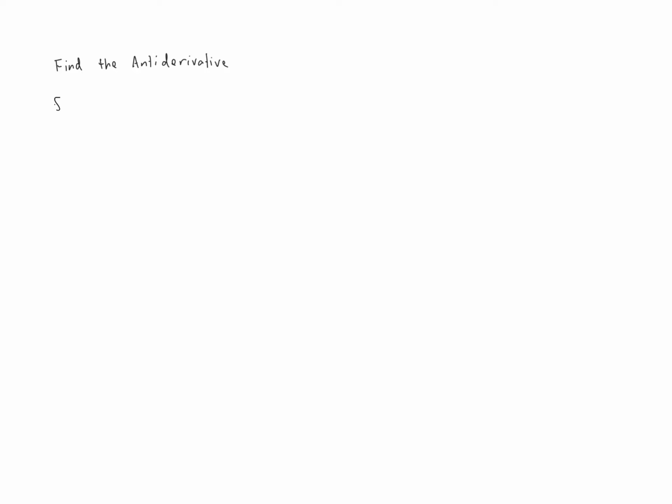The first example I want to look at is f of x equals sine of x. So we want to find the antiderivative of sine. So we want to know what function, capital F of x, gives us a derivative of sine. Some of you know the answer, but if you don't, we can think a little bit.